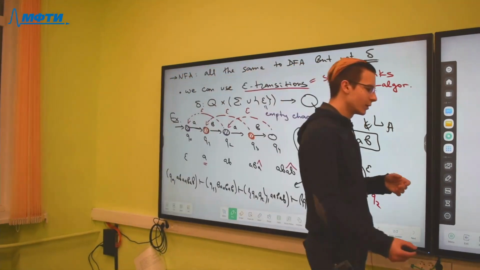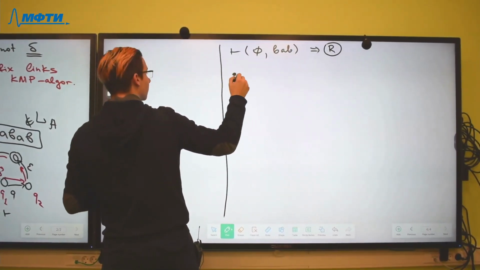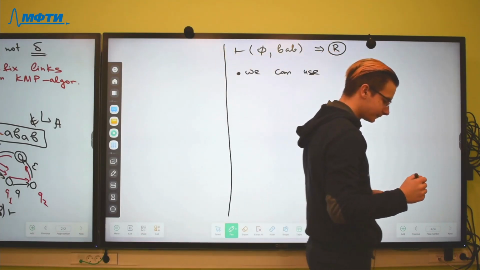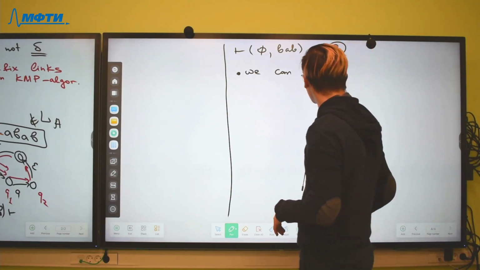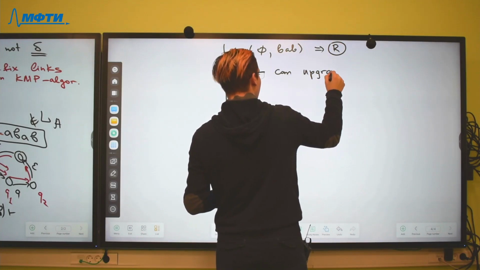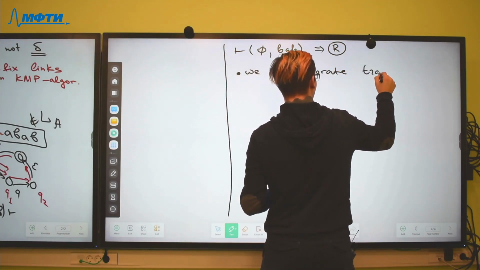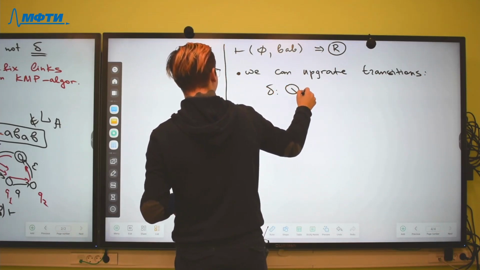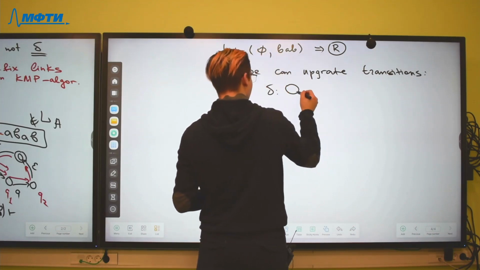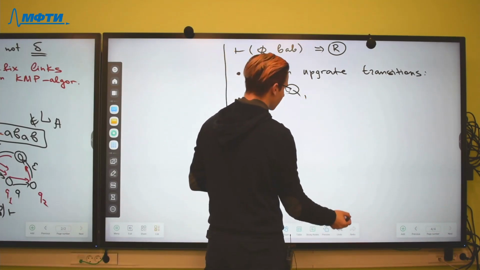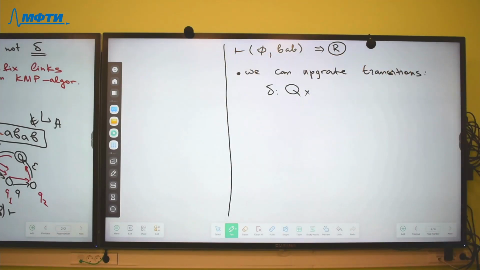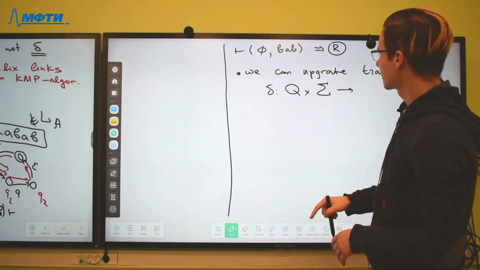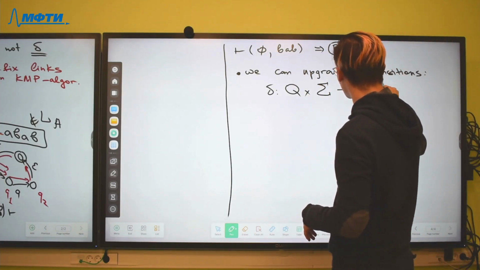In the other model, we say we can upgrade transitions such that if we have a state and we have the character in the input line, we can change the state with the set of the states.